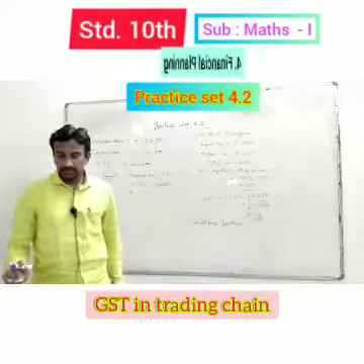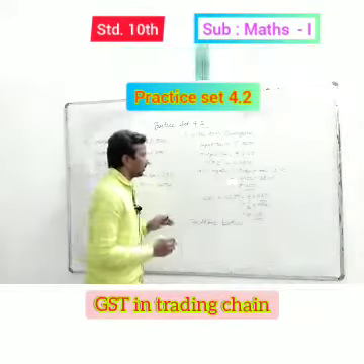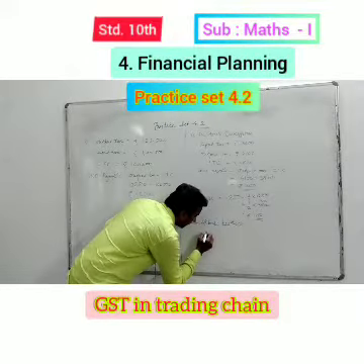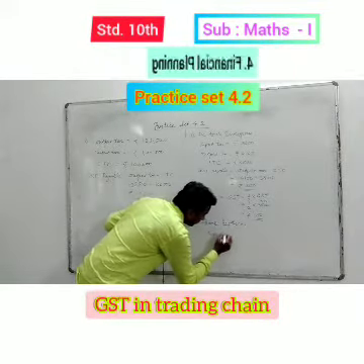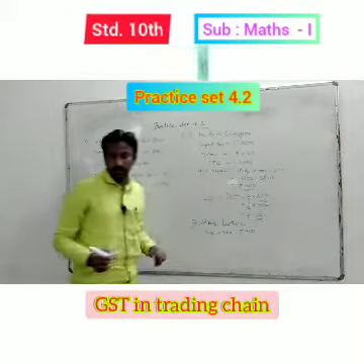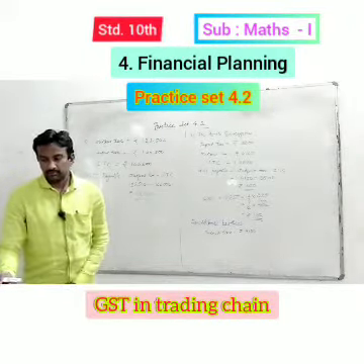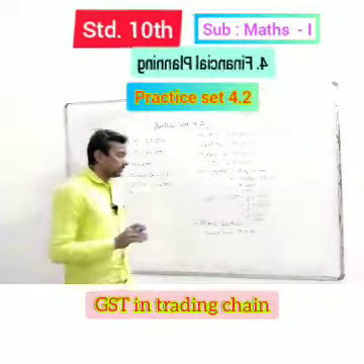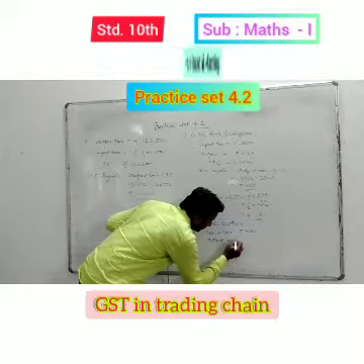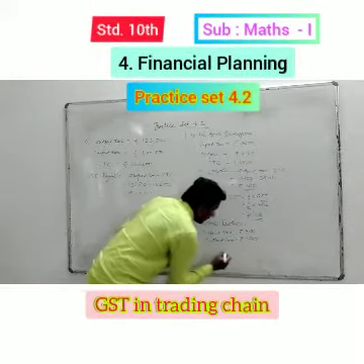For Akbari Brothers, input tax, which is the output tax of Amir Enterprises, is rupees 4,100. And output tax, which is collected from Mayank Food Corner, is rupees 4,500.